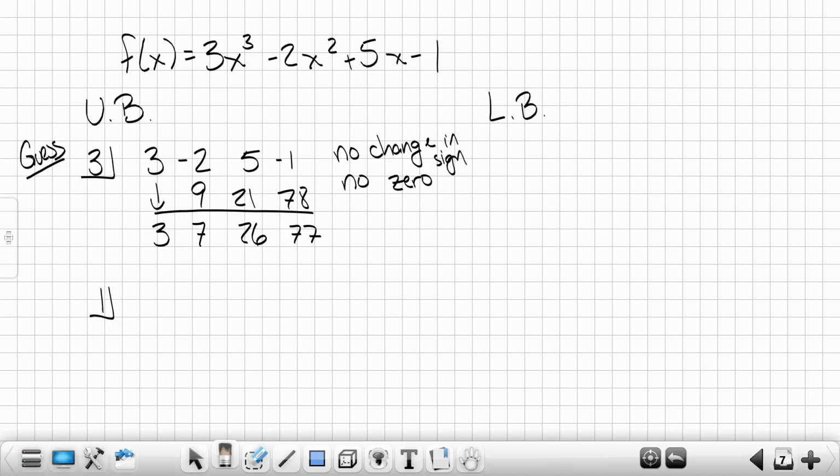Can. Yeah. No change in sign, no zero greater than 3. So I'm going to try 1.